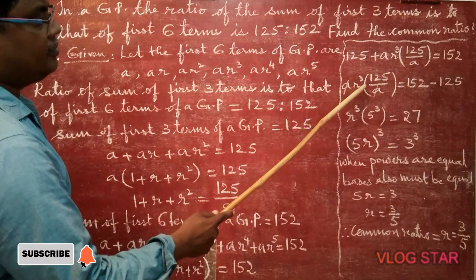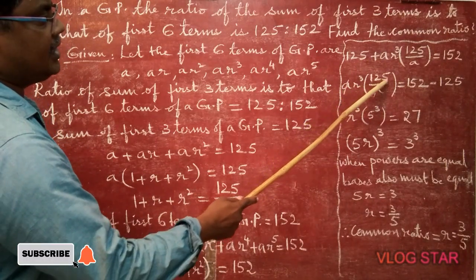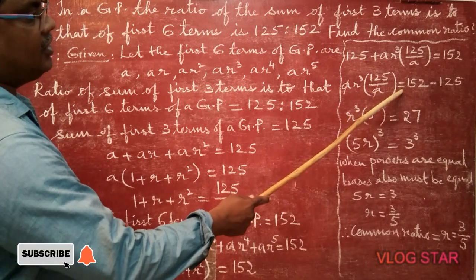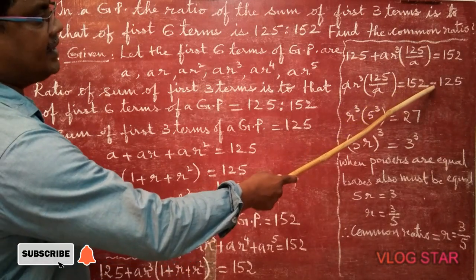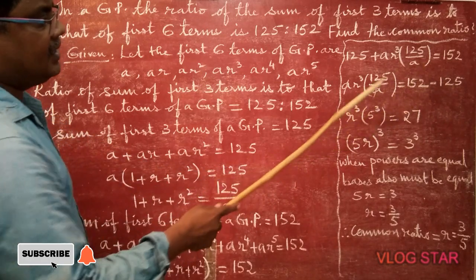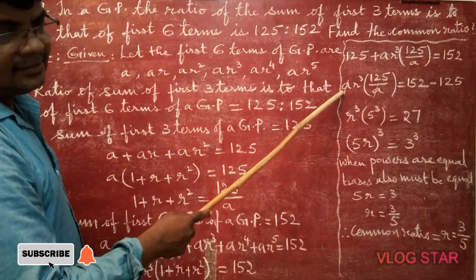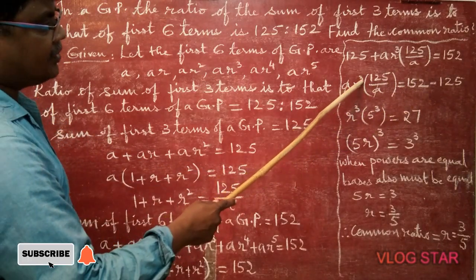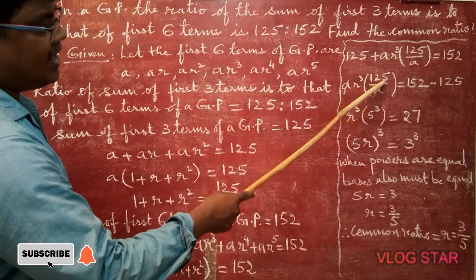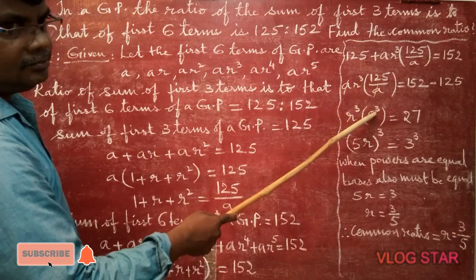So AR cube into 125 by A is equal to 152 minus 125. A gets cancelled and what is left is R cube, and we can write 125 as 5 cube.